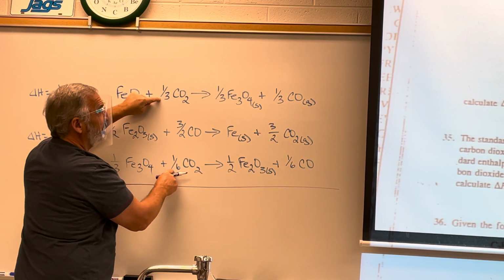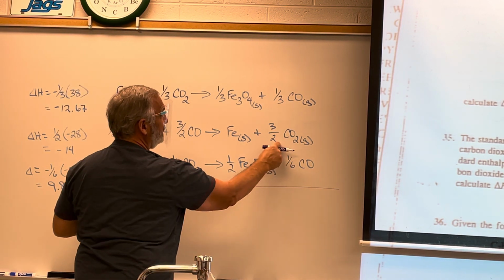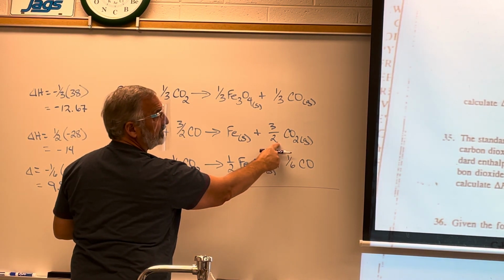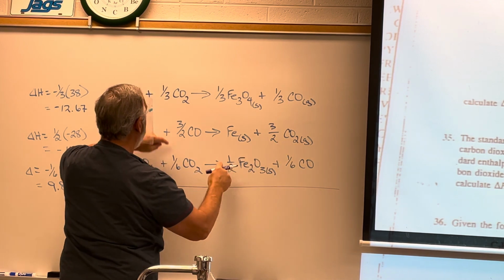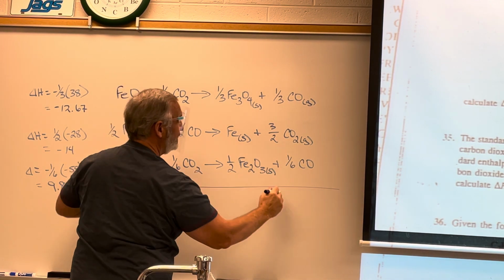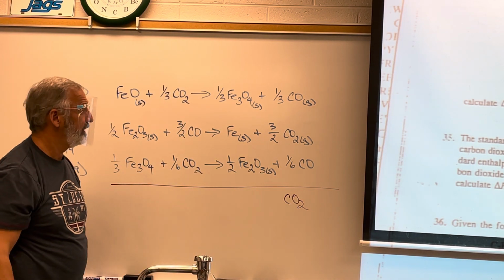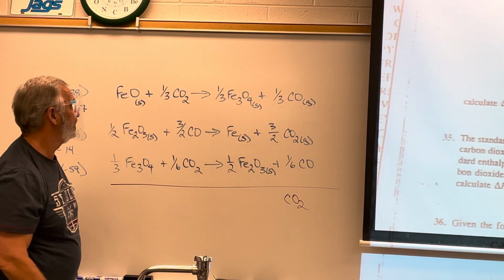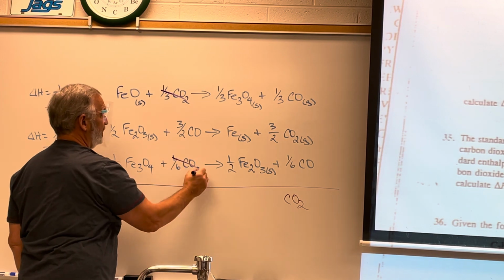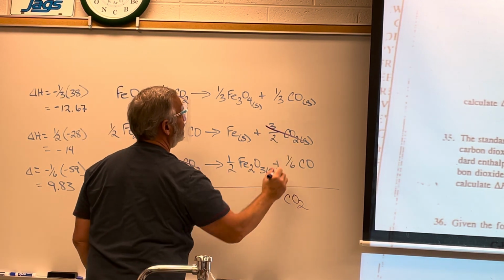Then I have 3/2 CO2 here. So I have 1/2 and 3/2, so I'm going to end up with just a CO2 over there. So my CO2s are all now accounted for.